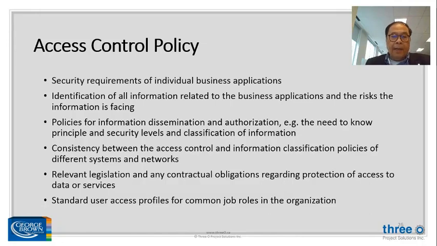Okay, and one other thing is that the user access will have to be in line with the role of the job. So when you're doing that, it's worthwhile defining different roles, and there should be a common user role that will enable people to have the minimum access.